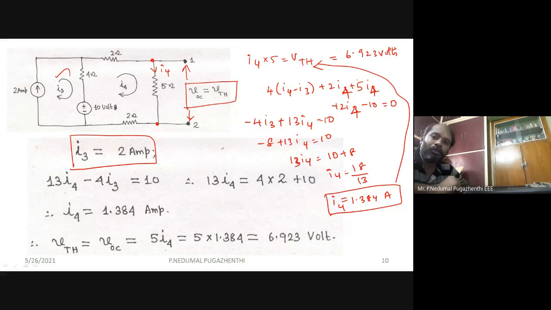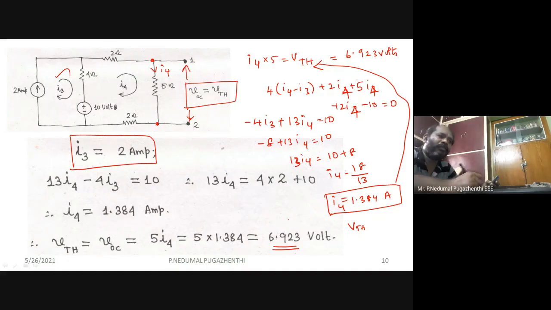Everybody who is using calculators, please tell me. Then 5 into that 1.384, you will get 6.923. Yes or no? Yeah. So now I got my VThevenin.